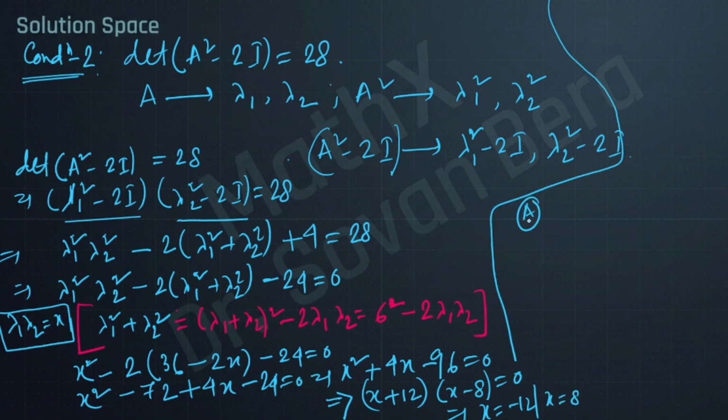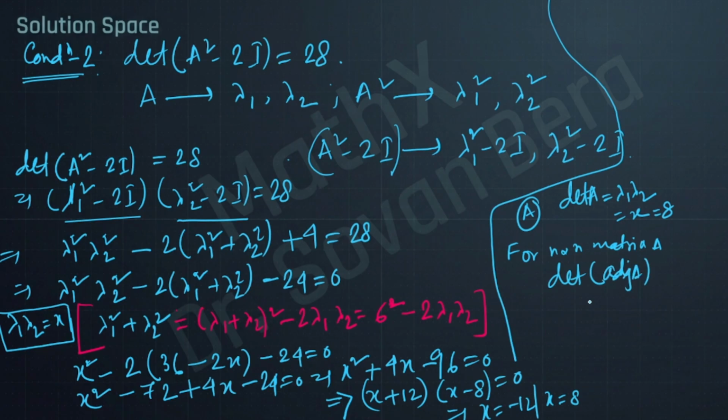Since A is a positive definite matrix, all its eigenvalues must be strictly positive. Therefore, det of A equals lambda 1 lambda 2, that is x, which means 8. And we know that for an n by n matrix A, det of adjoint of A equals det of A whole to the power n minus 1.